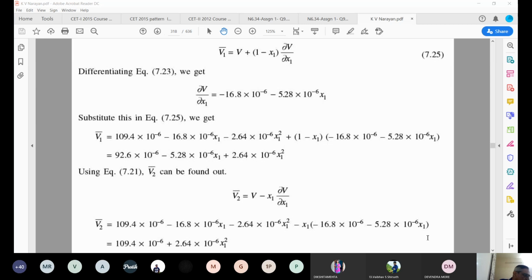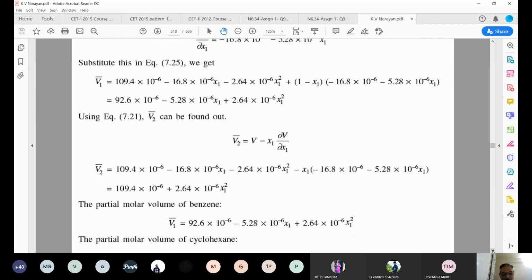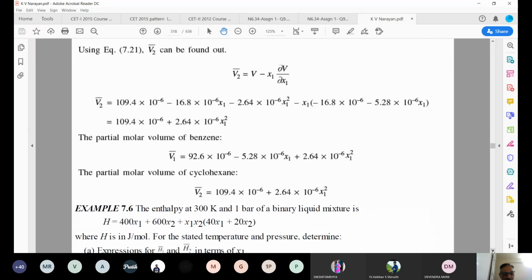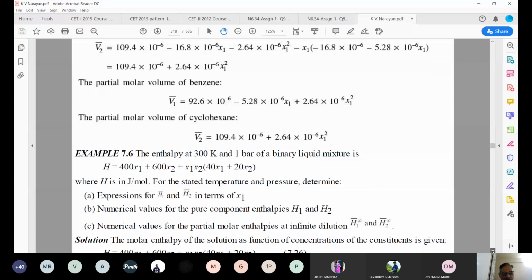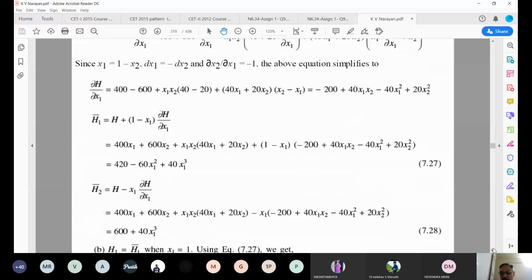Okay. So then next one is 7.10. Okay, 7.10. Let me show. You should actually go and solve these problems because बुक में पूरा स्टेप्स नहीं दिया रहता है.